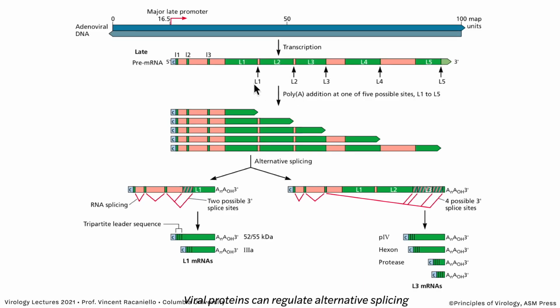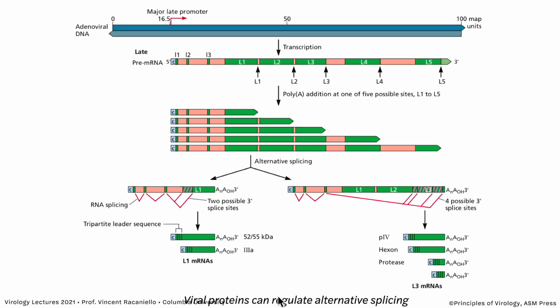These L's are different poly-A addition sites, which you could use. And so you could cleave and polyadenylate that precursor to get 1, 2, 3, 4, 5 different transcripts. You still have introns. And then you can do alternative splicing and make all kinds of different mRNAs, as you can see here.